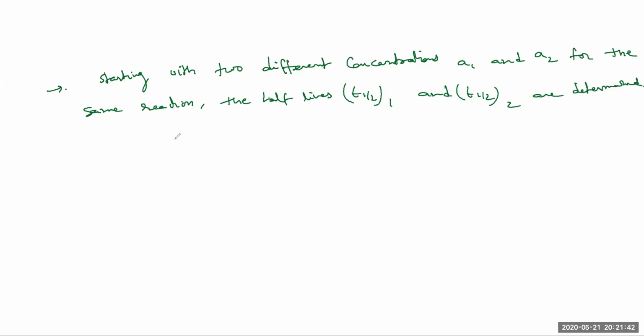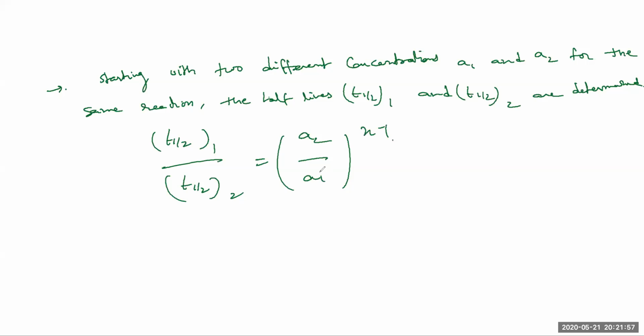So what is the formula? T half 1 by T half 2 is equal to reverse now, reciprocal A2 by A1 whole power n minus 1.